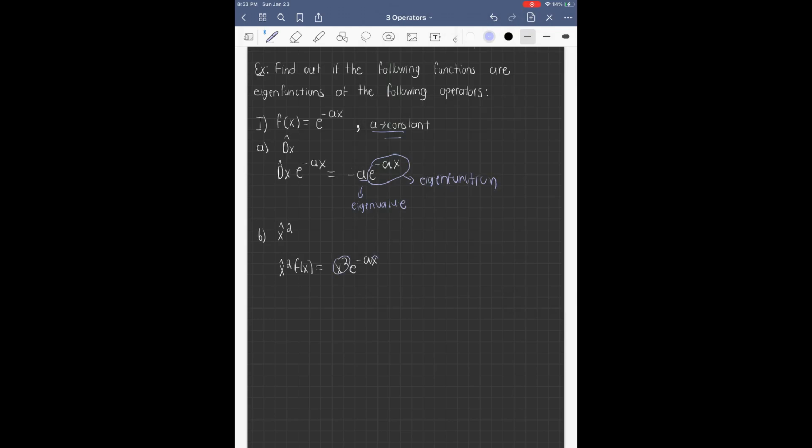It's a function of x, and this makes it into a new function, basically saying the value is changing with x. So this is not an eigenfunction of the x squared operator.